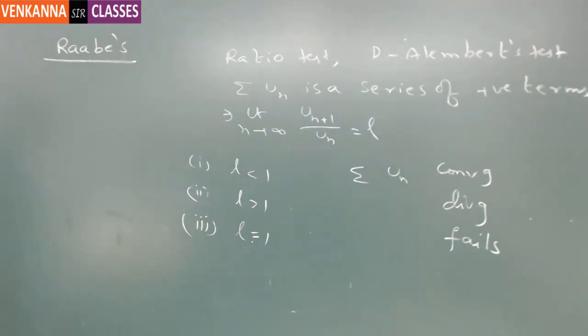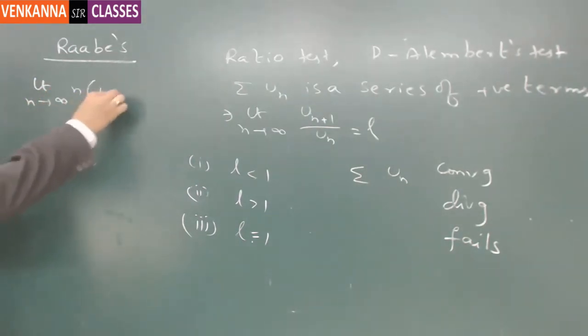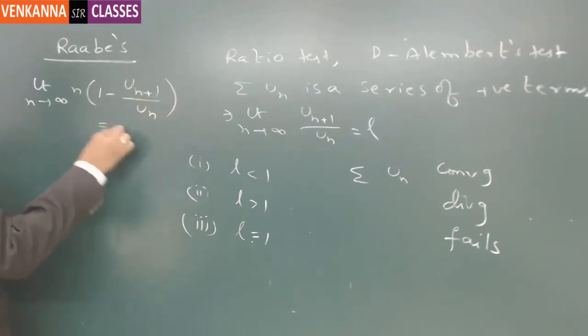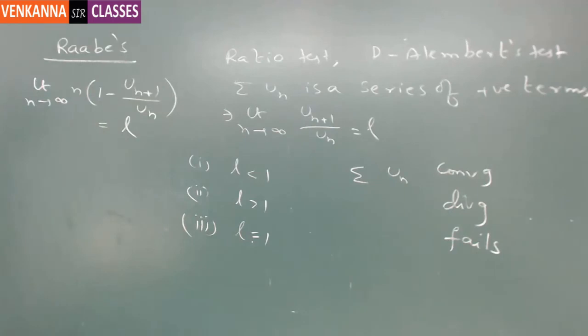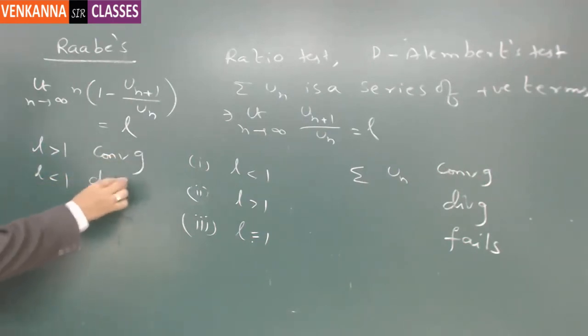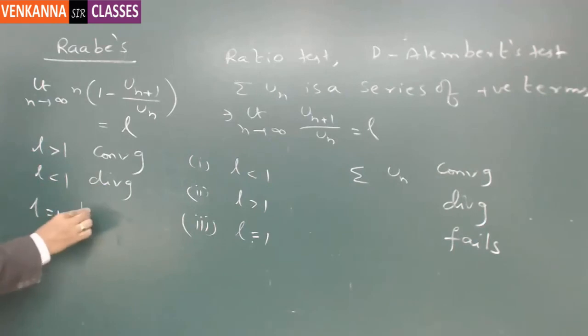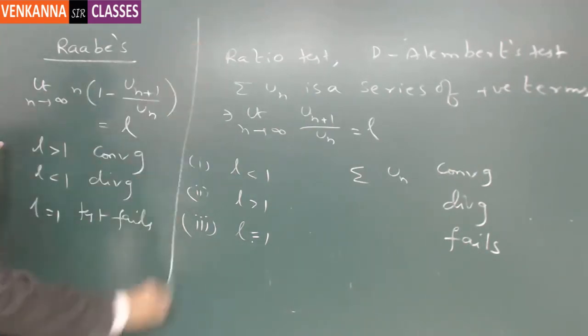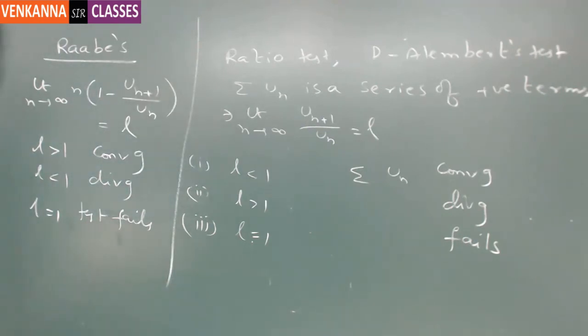Here you are verifying the condition: limit n tends to infinity of n into 1 minus un plus 1 by un, and this is equal to L. The condition says that if L is greater than 1, convergent; L less than 1, divergent; L equal to 1, test fails. This is the case of Raabe's test. So usually we use Raabe's test when the ratio test fails.